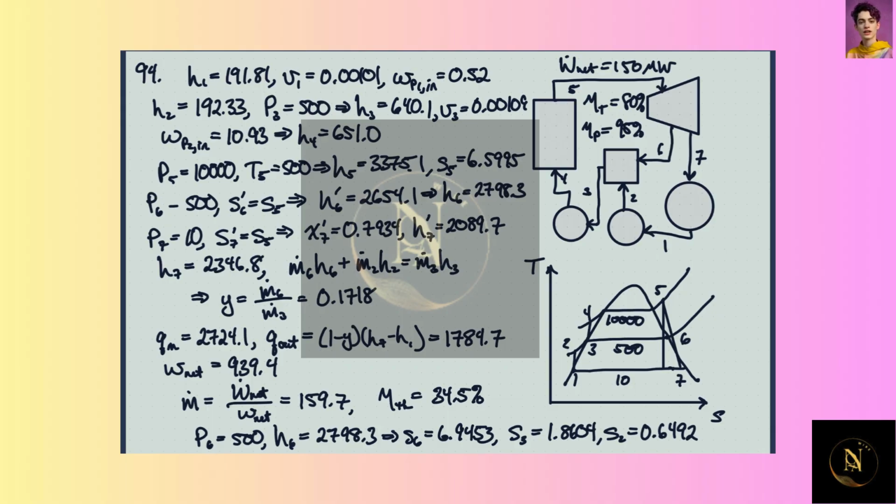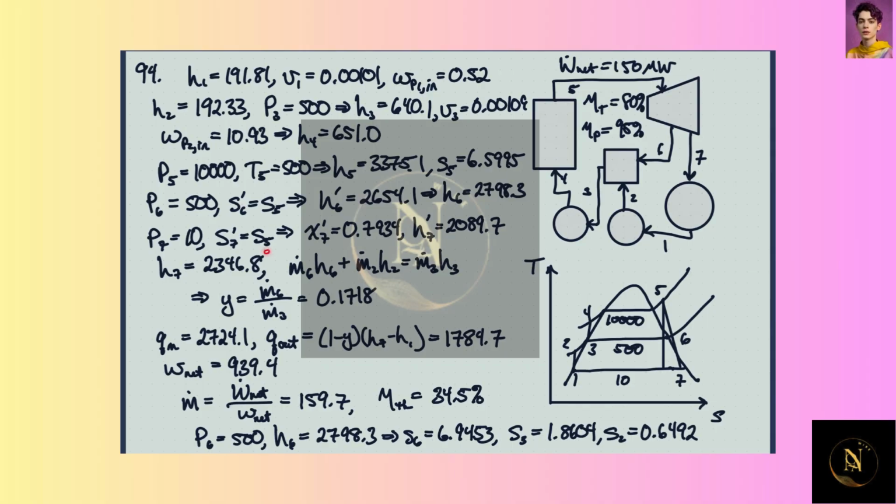So we know the pressure there, and for the isentropic case, we know the entropy. So we can get the isentropic enthalpy at 6. So that would be this point here, 6 prime. And then we know the efficiency of the turbine, so then we can get the actual enthalpy at 6. This is that.